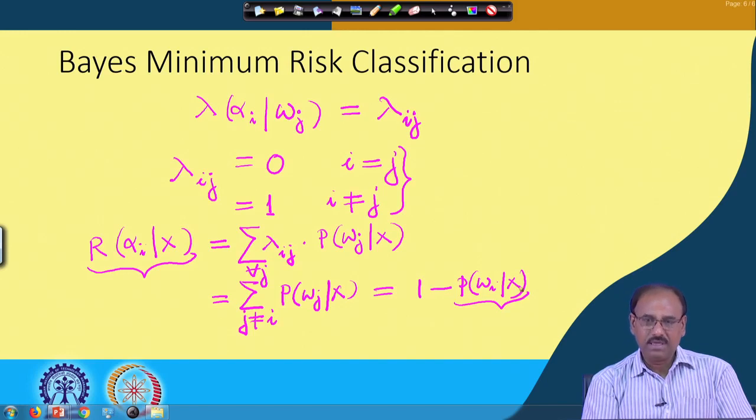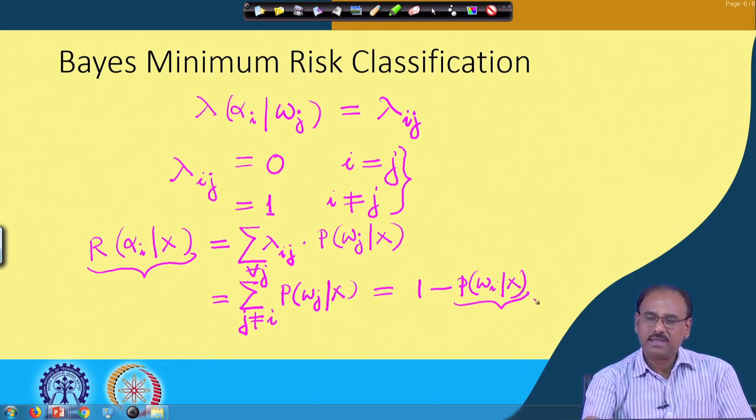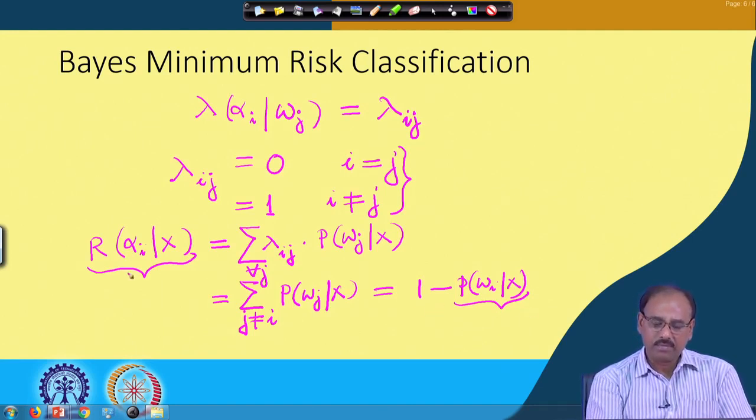Obviously, you can check that R of alpha I given x will be minimum when p of omega I given x is maximum, because R of alpha I given x is nothing but 1 minus p of omega I given x. So, wherever R of alpha I given x is minimum, p of omega I given x is maximum.